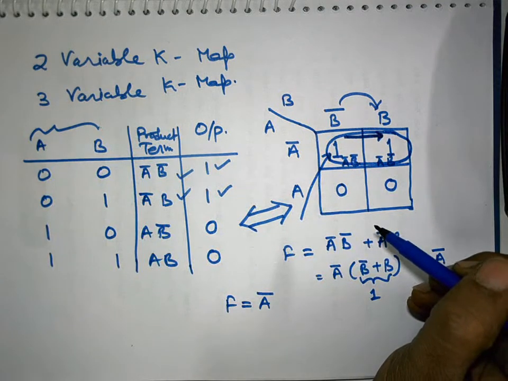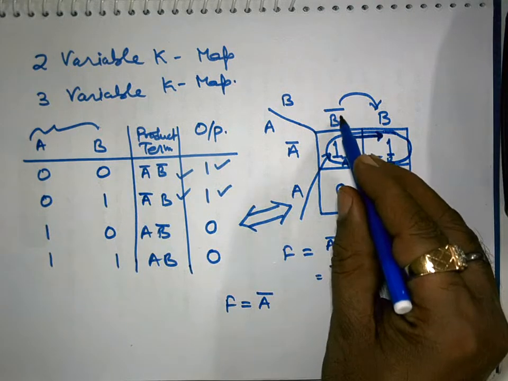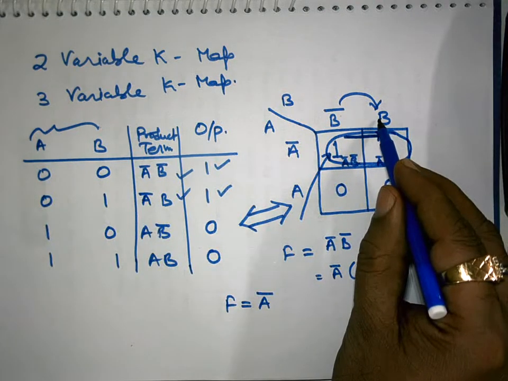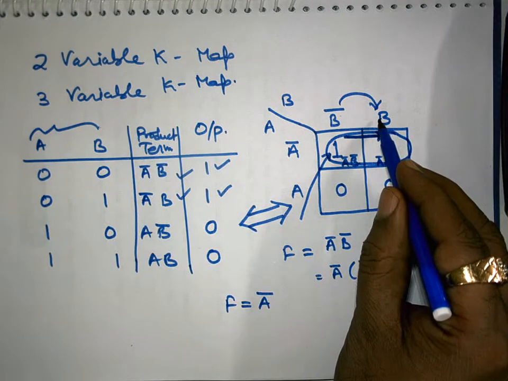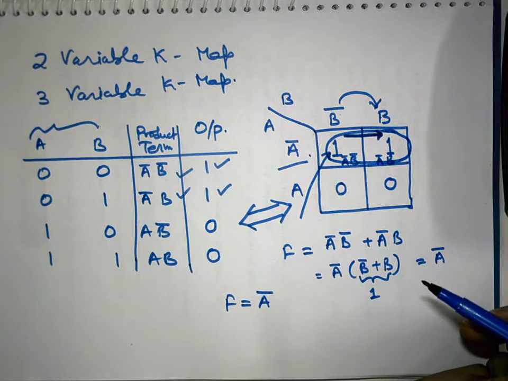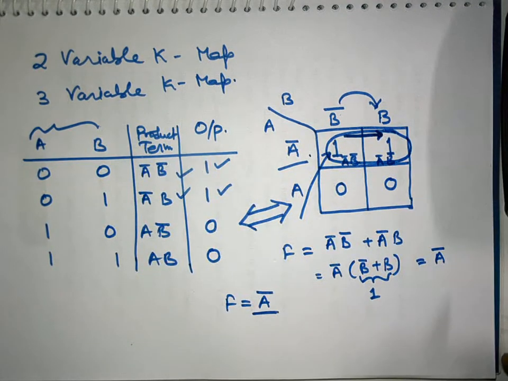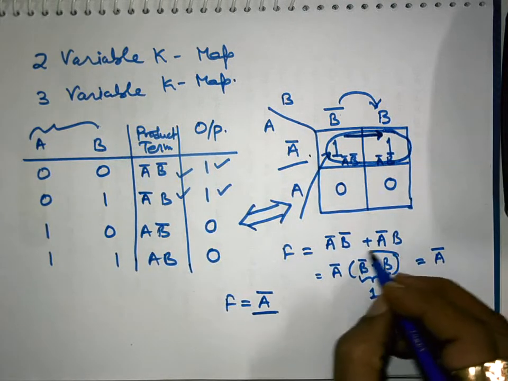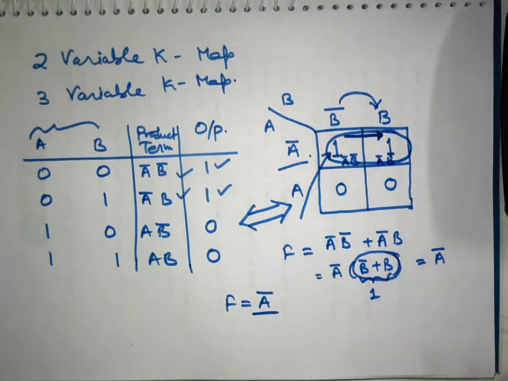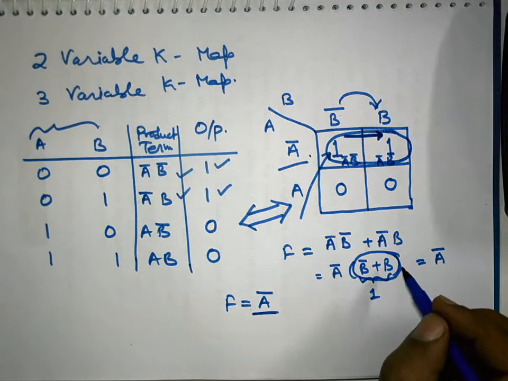B bar is changing to B. While roaming from one cell to other, you are observing a change in B. So you will drop this B, and you will keep the unchanged variable with you. The unchanged variable is A bar. So A bar you will keep with you, and you will drop this B. And how is it dropped? It is dropped using the logic of Boolean algebra that I am showing over here.